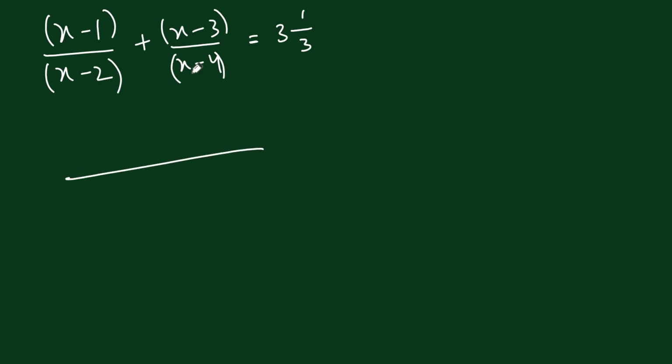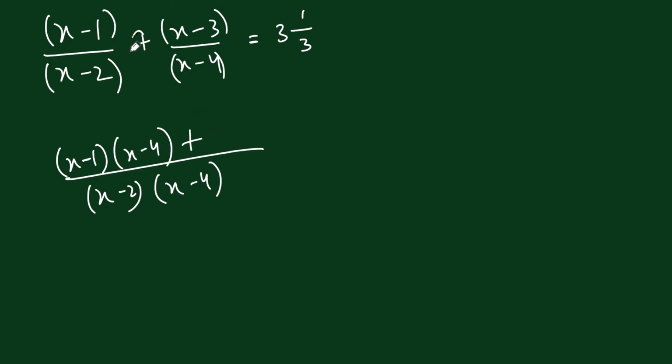So the LCM will be denominator into denominator, written in the denominator, and cross multiplication. That's x minus 1 into x minus 4 plus x minus 3 into x minus 2, and this side it's 3 into 3 is 9 plus 1 is 10, 10 by 3.